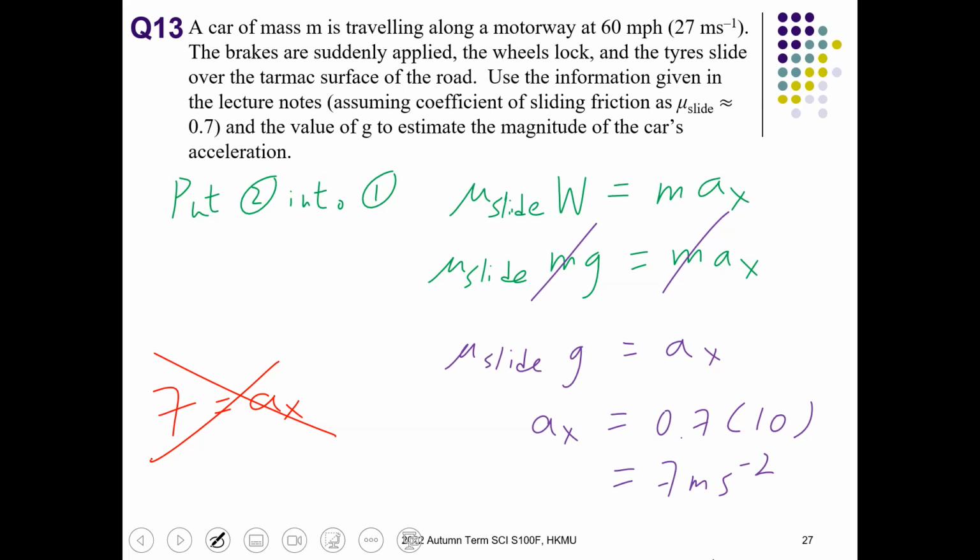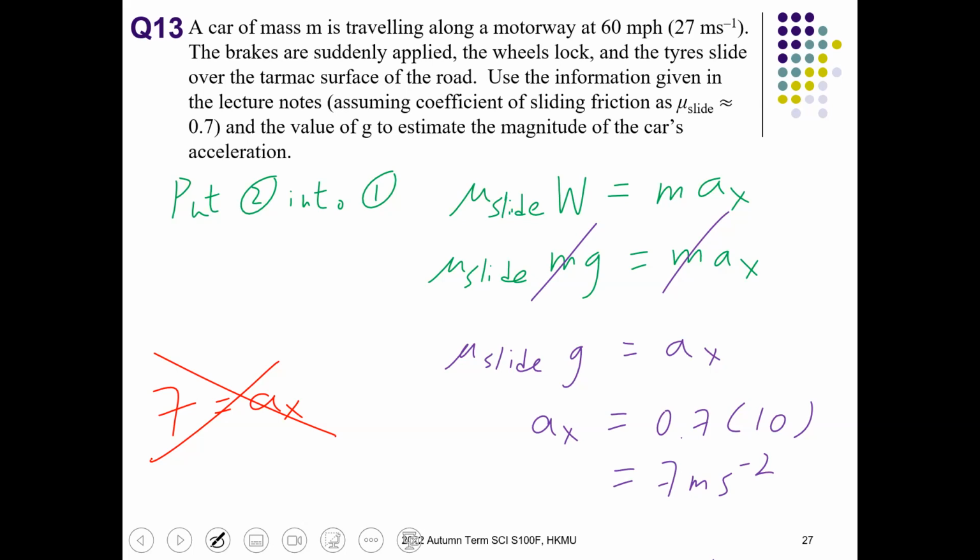What we can observe is that the acceleration is positive based on what we defined before. We said towards the left is the positive x direction, so the car is indeed accelerating in the positive x direction.